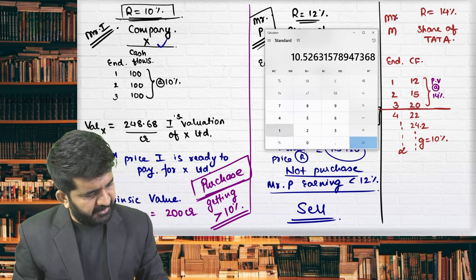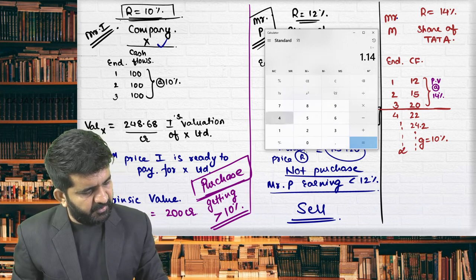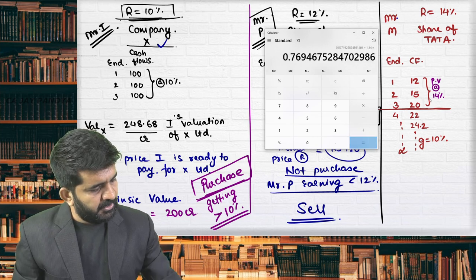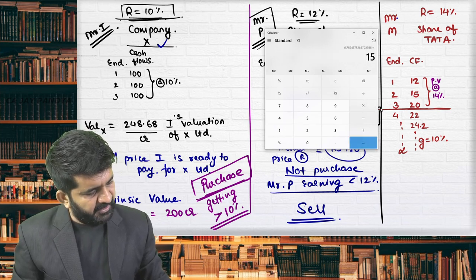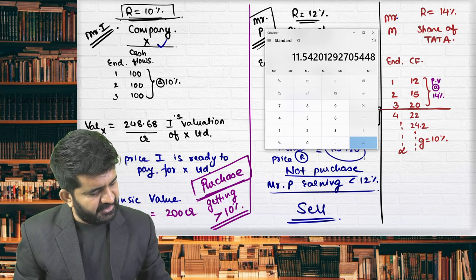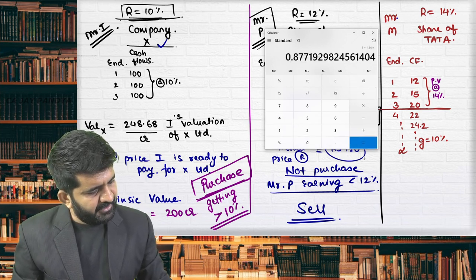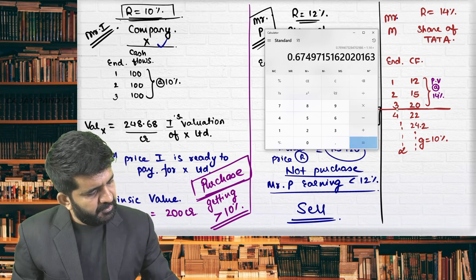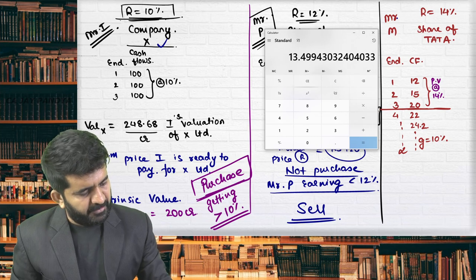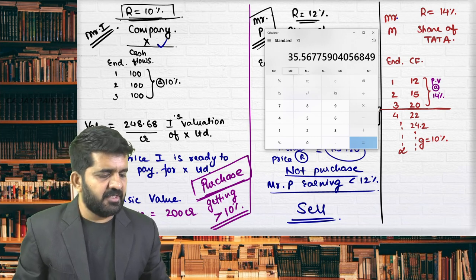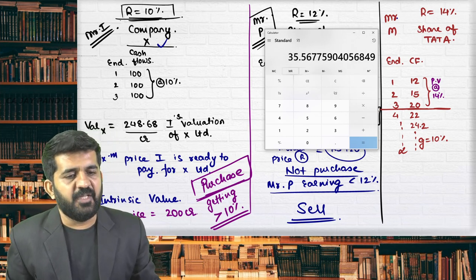First year is completed. 1 divided by 1.14 is equal to, multiplied by 15 is equal to M plus. Second year is completed. 1 divided by 1.14 3 times is equal to, multiplied by 20 is equal to M plus. All 3 years is completed. MRC is 35.56.